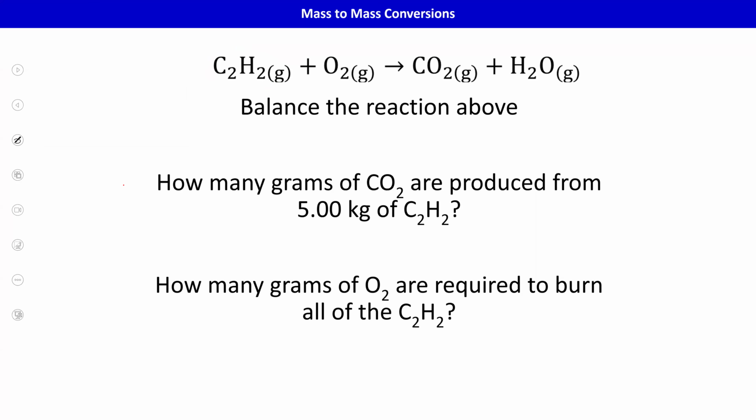So acetylene and oxygen. Start by balancing. Let's look at carbons. If we have one acetylene, we can make two CO2s, right? And if we have one acetylene, we can make one water. But that's a problem.